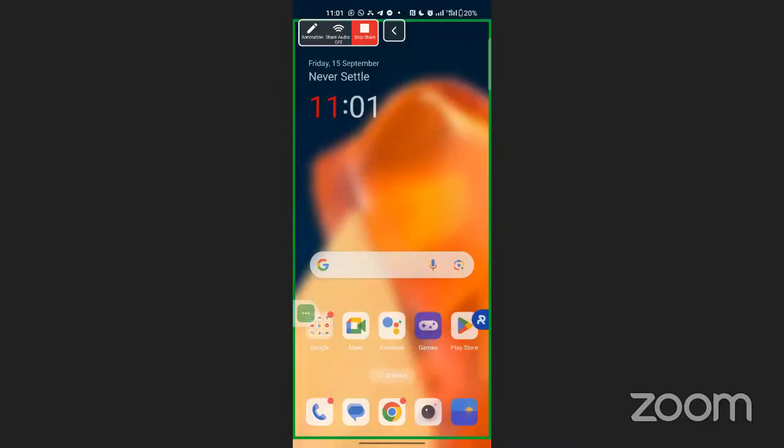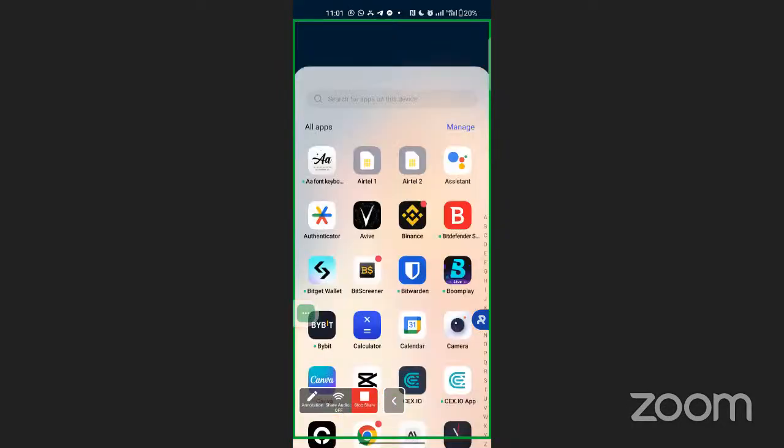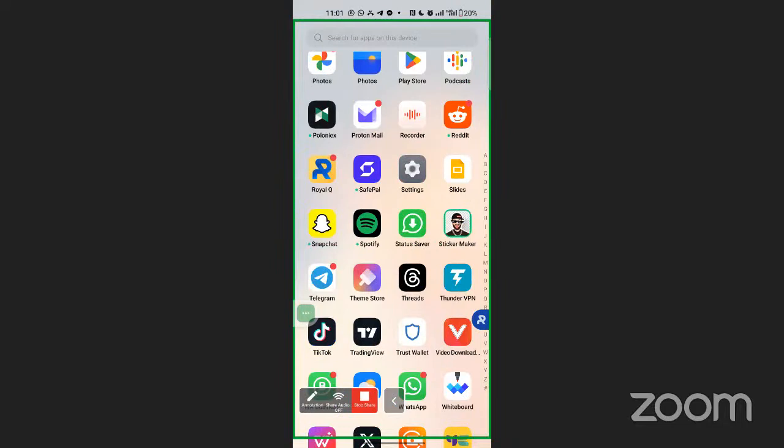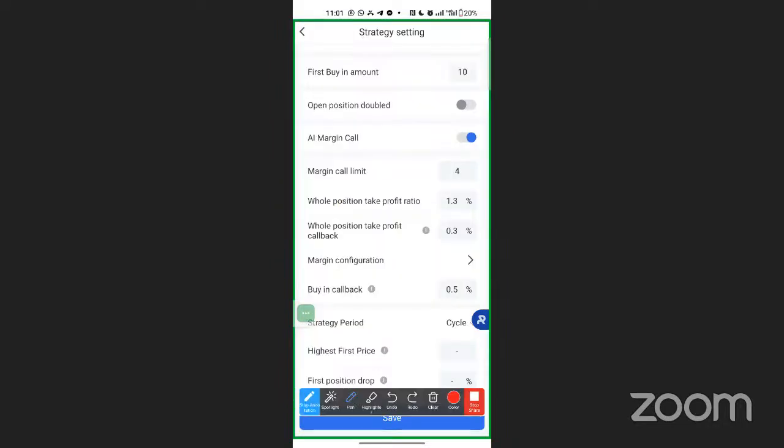Now let's get back here. You have $100. Look here, guys. You want that whenever the robot gets into the market, let it start with $10. I want my robot to always start with $10.